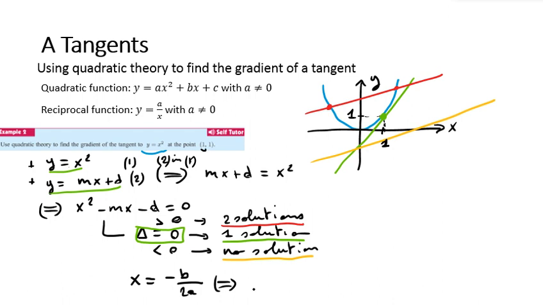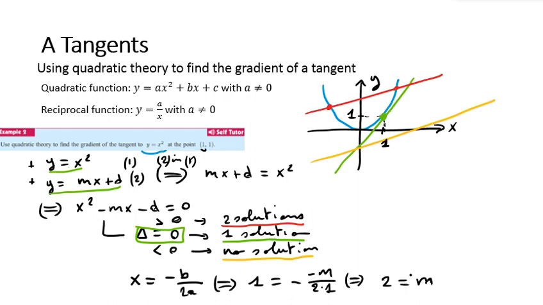Here b is equal to minus m, divided by 2 times a, and a is 1. So when I move the 2 times 1 to the left hand side, it's 2. And here minus times minus is plus.